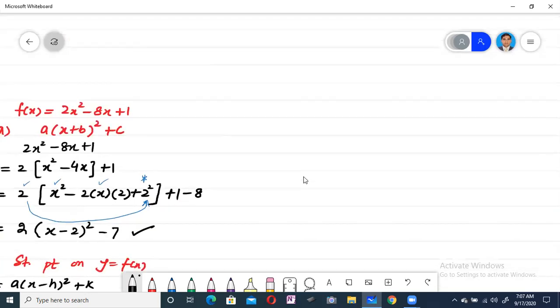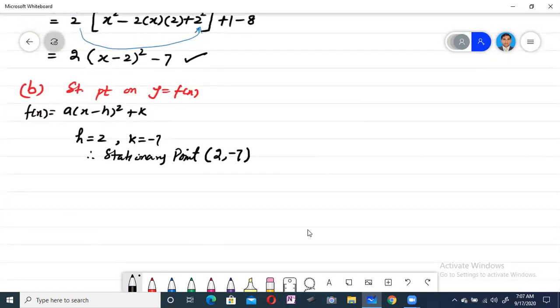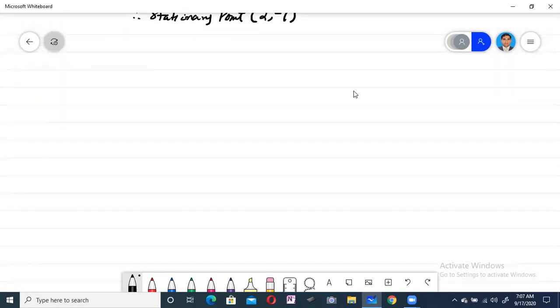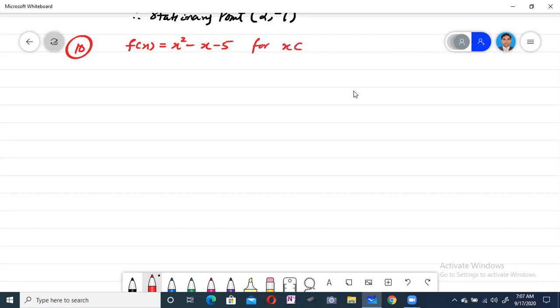Then next step, next question. Question number 10 is f of x equal to x square minus x minus 5, for x belongs to real numbers.